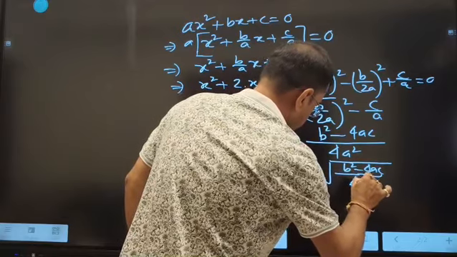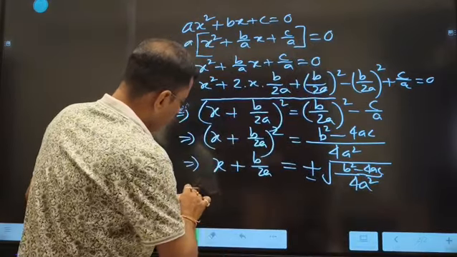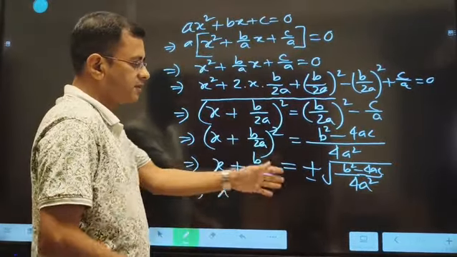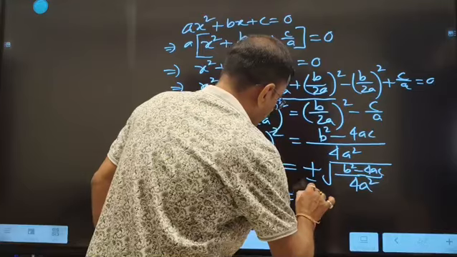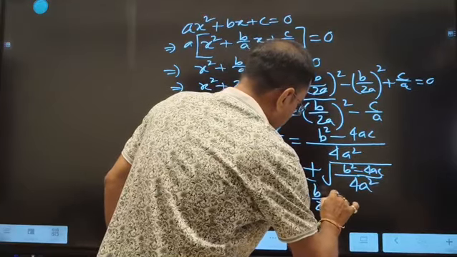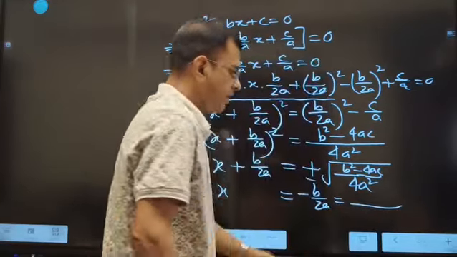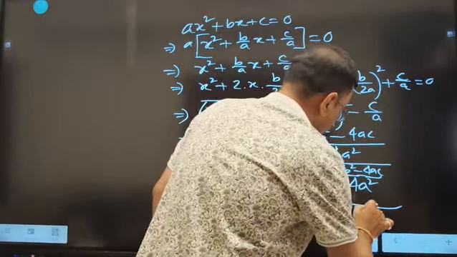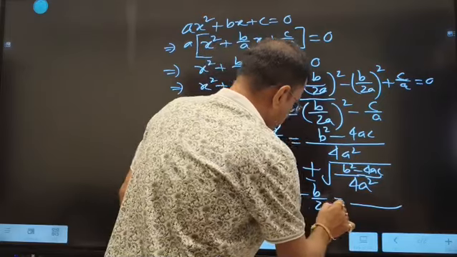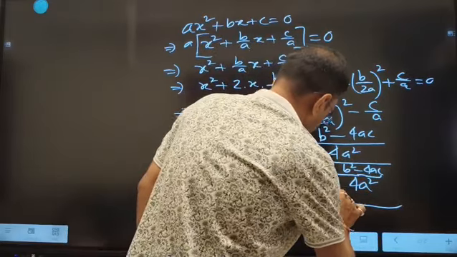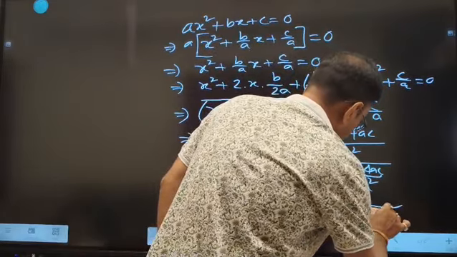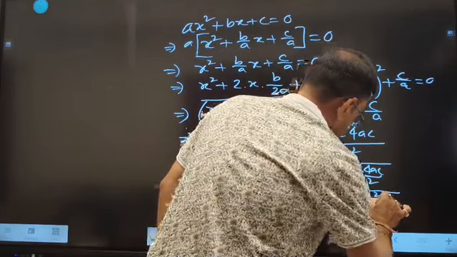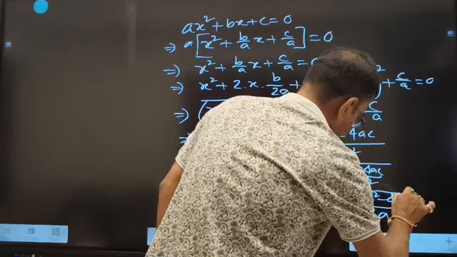Now bring b by 2a from the left hand side to the right hand side, and it becomes minus b by 2a. The square root of 4a squared is 2a, with the plus minus symbol. On the numerator it is the root of b squared minus 4ac.